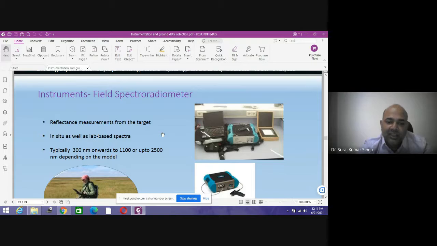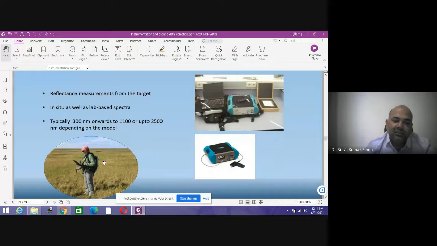The same thing is observed using a spectroradiometer, where you can see a person carrying a spectroradiometer and trying to create a spectral graph, so that the field-observed spectral response can be correlated with the satellite-based one, and it can be calibrated or validated using such instruments.